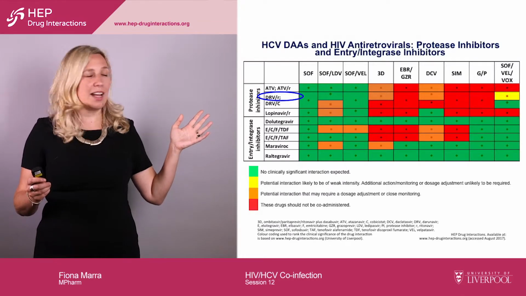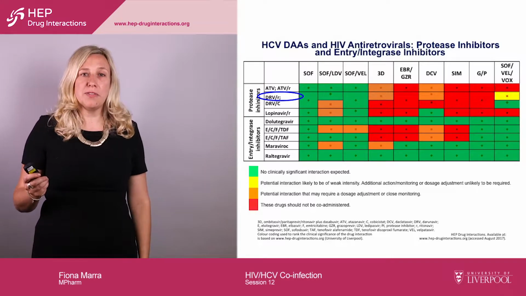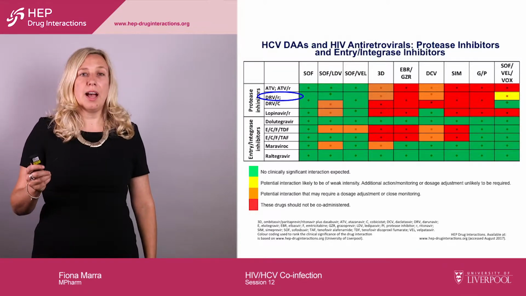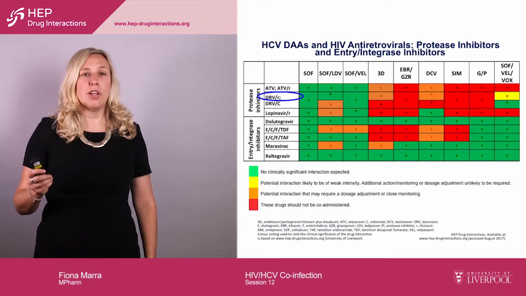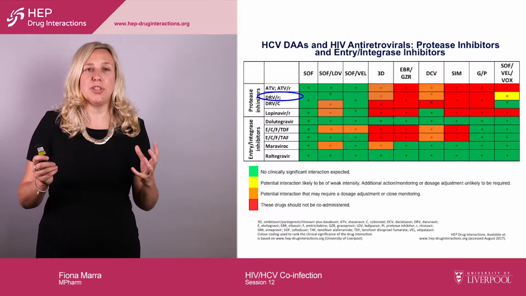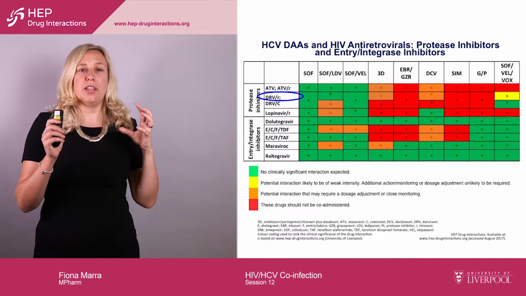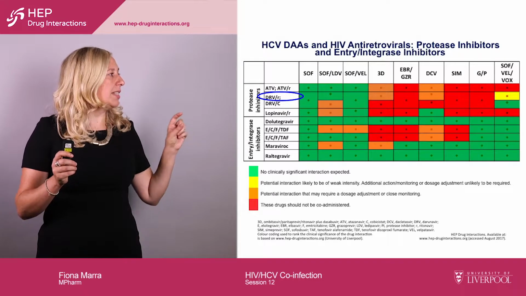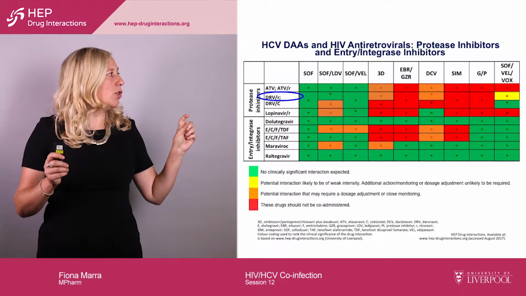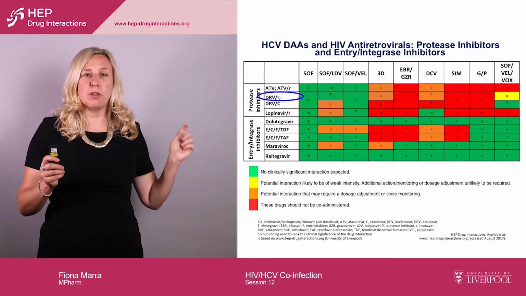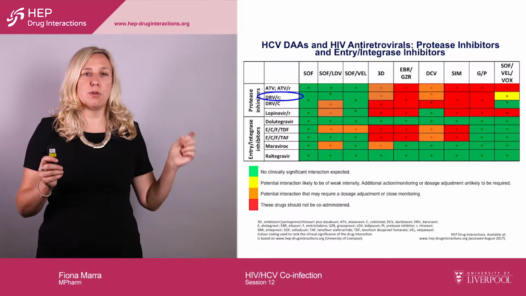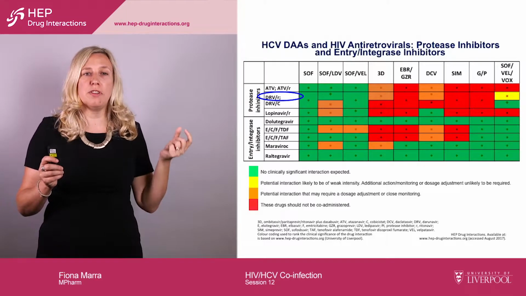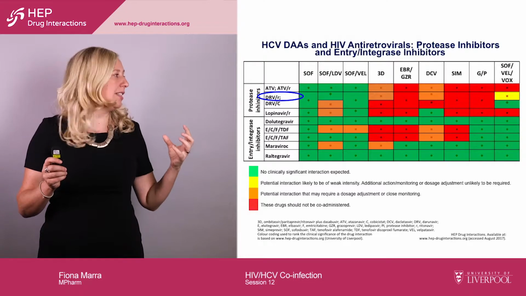We have a red interaction for 3D with elbasvir, grazoprevir, with daclatasvir, simeprevir, and glecaprevir and pibrentasvir. So if we're looking for an agent that we can use with the combination of antiretrovirals that our patient is on, we can see that the green options are sofosbuvir, velpatasvir, and sofosbuvir ledipasvir. Everything else, because of the combination of darunavir and cobicistat, is a red interaction.